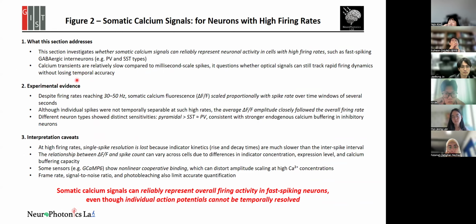Calcium transients are relatively slow compared to millisecond scale spikes. It questions whether optical signals can still track rapid firing dynamics without losing temporal accuracy. By this experimental evidence, we can conclude that somatic calcium signals can reliably represent overall firing activity in fast spiking neurons, even though individual action potentials cannot be temporally resolved.